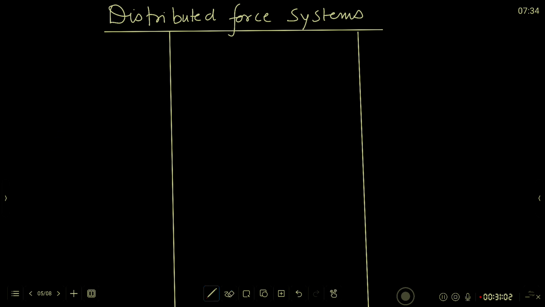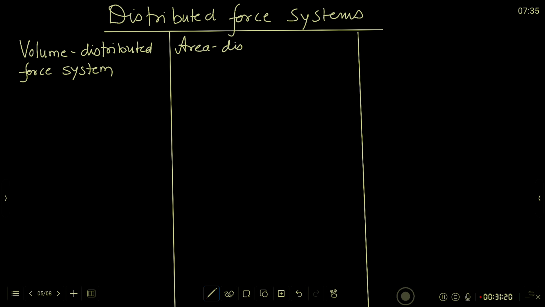The first is a volume distributed force system. We can talk about, or we do come across, an area distributed force system. And we also approximate some scenarios as line distributed force system.